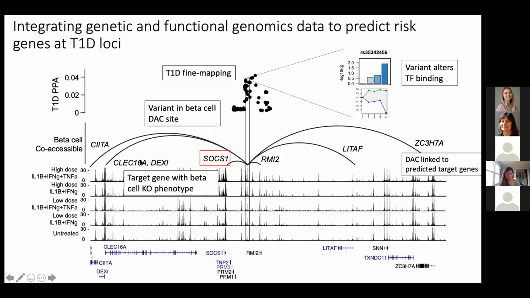This locus has actually been studied previously and argued that maybe this DEXI gene is responsible for the signal. But among the genes that are linked to the site is SOX4, which is a gene that in the CRISPR screen, when knocked out, increases cell death in response to cytokines. So we can layer all these pieces of information together to hypothesize what we think the mechanism of this locus might be.